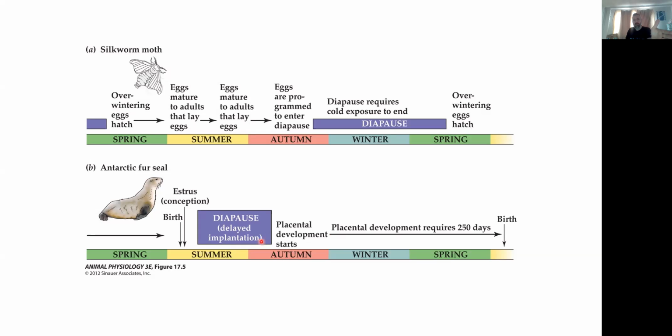And the reason for that is that placental development, right, post-implantation is about 250 days. And so they want to set that 250-day time point, okay, 250 days prior to the onset of spring. Okay, so they need this couple of month delay in order to make that work.